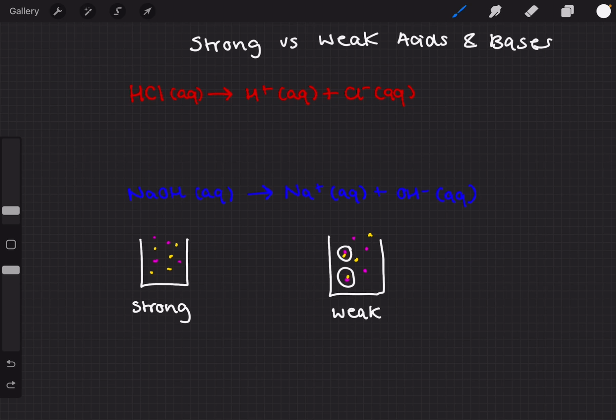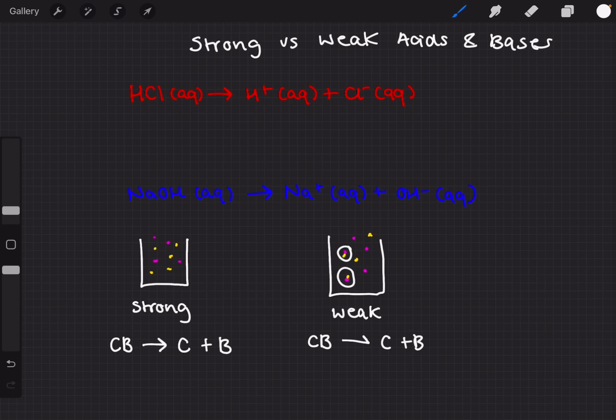So this also means that when we're writing the equation for a strong acid or a strong base, if we have substance CB, we put that in water, it is going to completely ionize to particle C and particle B. However, if CB were a weak acid or base, some of CB is going to ionize into that C and B. However, some of it is just going to stay as CB.